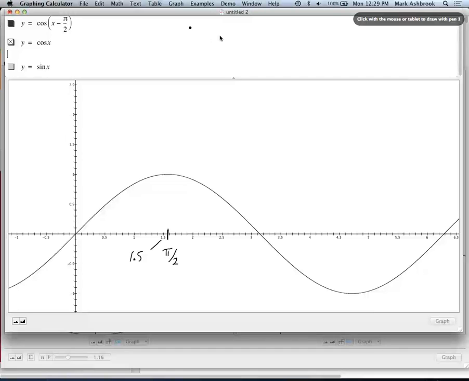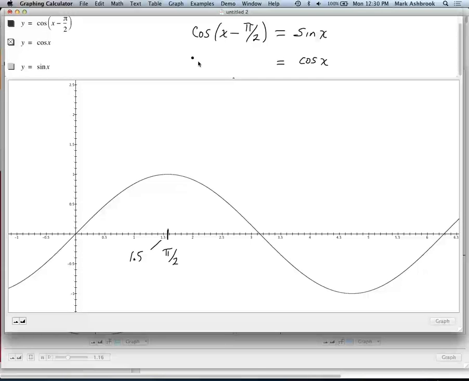Cosine of x minus pi over 2 equals sine of x. So now for angle, I'm generically using x. You can use x, you can use theta. It's just whatever symbol. If you take cosine and make it lag or come behind by pi over 2, then it's equivalent to sine. And so then what would be equivalent to cosine?